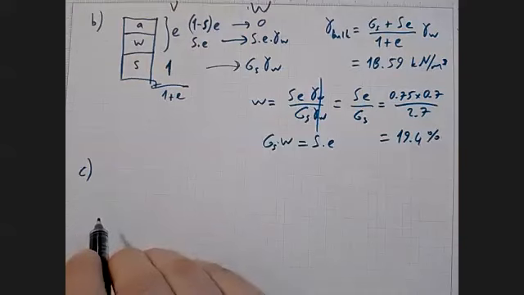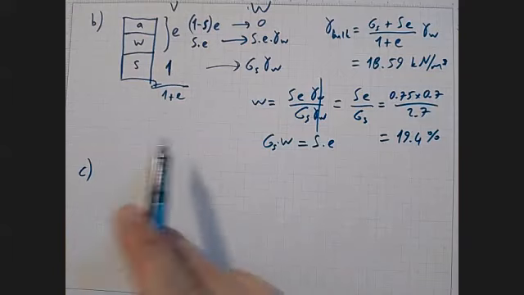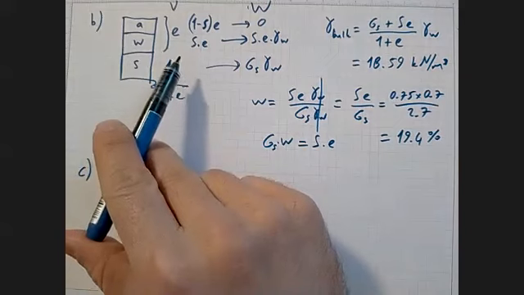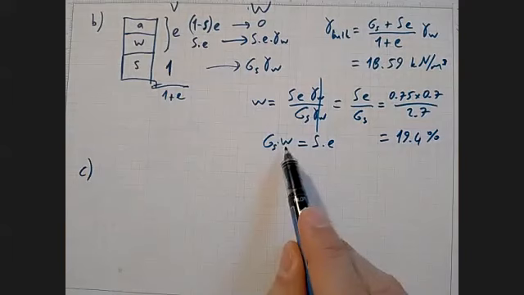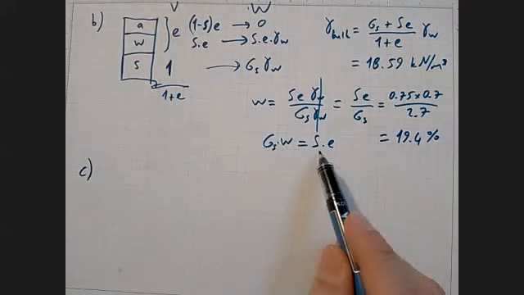Now it says preserve the water content, but increase the degree of saturation. How is that possible? I'm not changing the specific gravity of solids either.